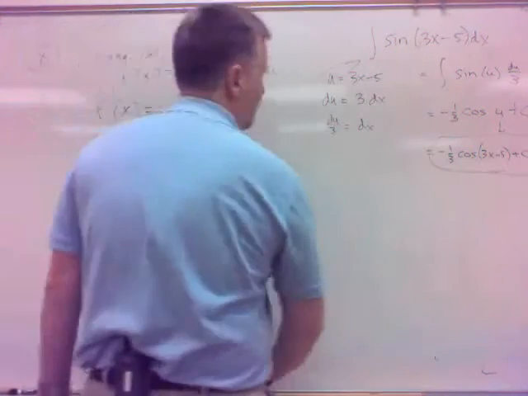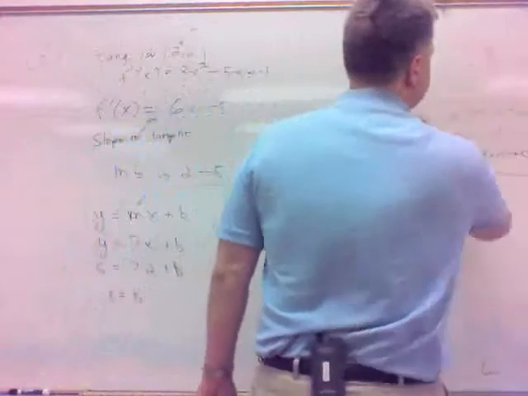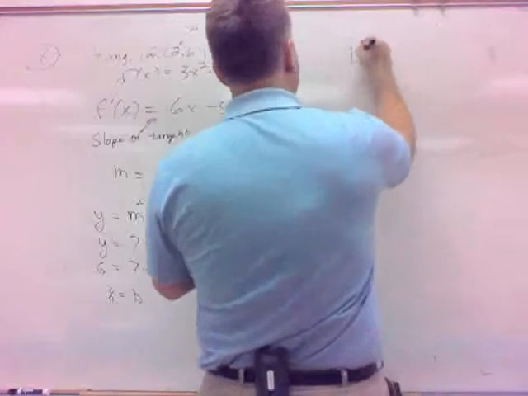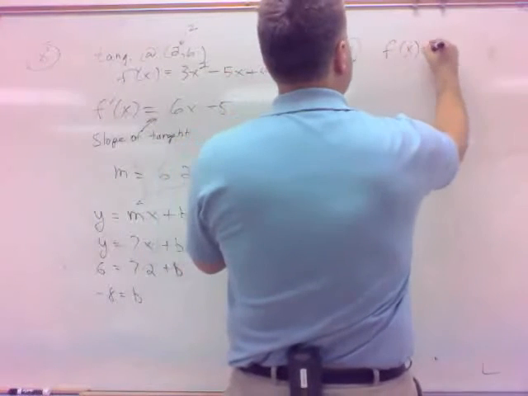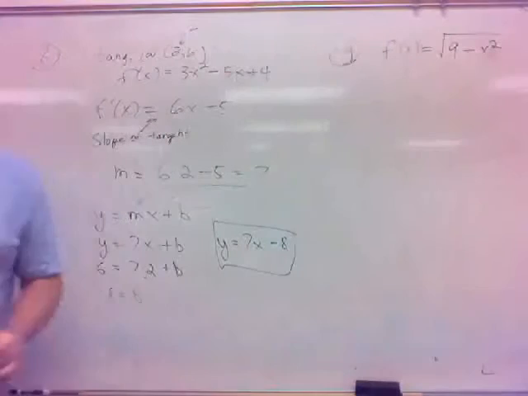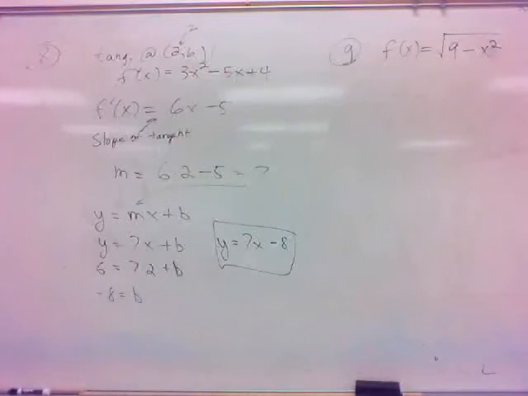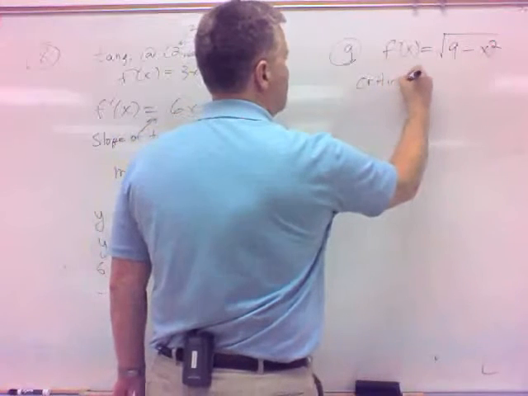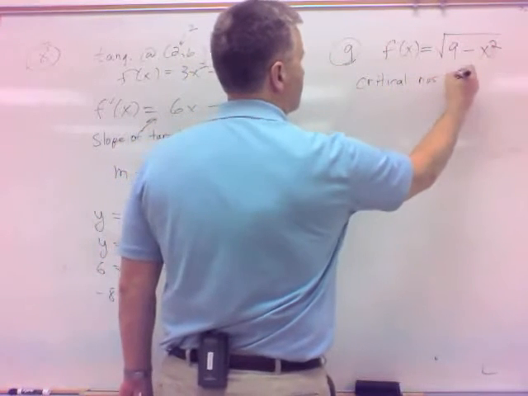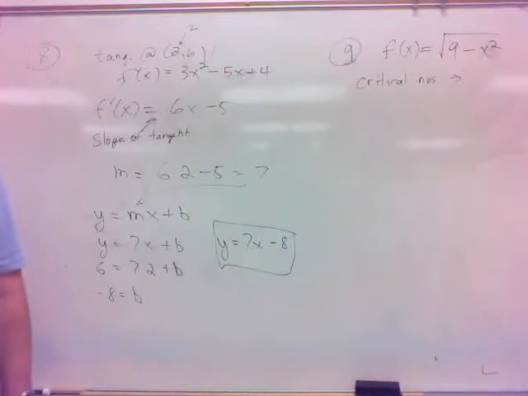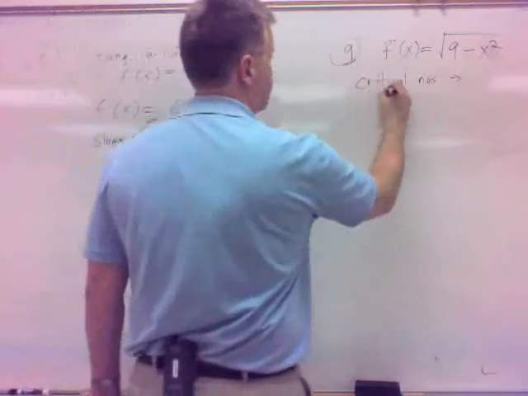Okay, number 9. Find the critical numbers. What do we know about the critical numbers? Numbers where the derivative equals 0, or where the derivative does not exist.